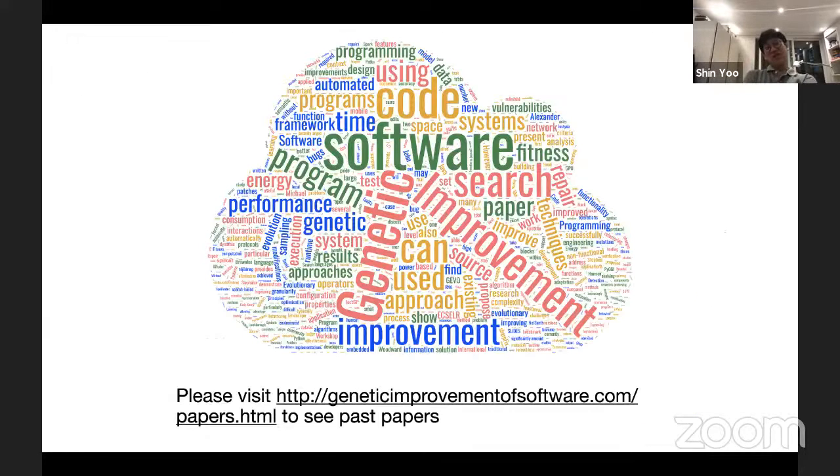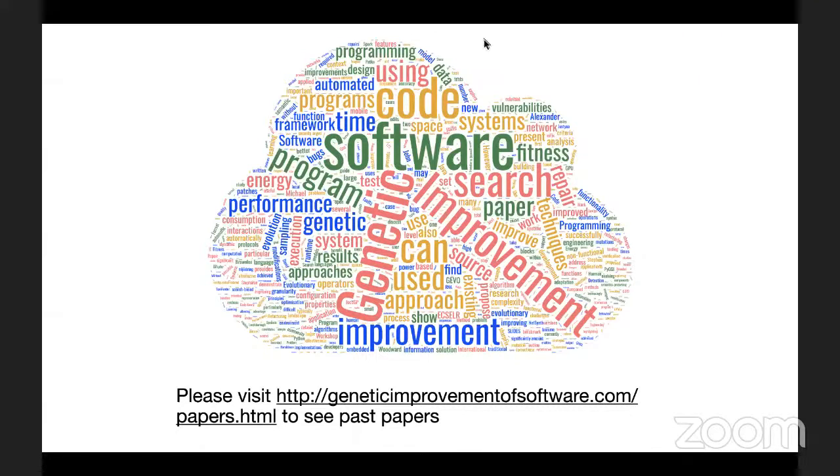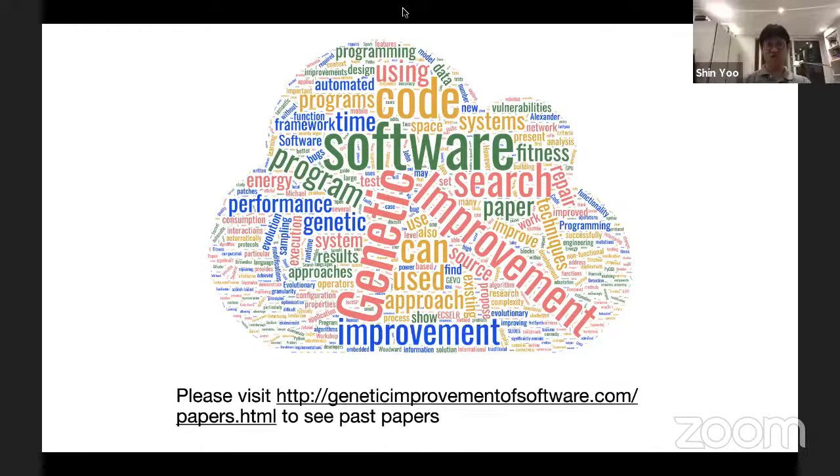If you look at the papers published at the GI workshop, I was trying to find a few highlights, but then I realized I would probably bias the selection with my own taste, let's say. So instead, I collected abstracts from all the GI workshop papers and then produced this word cloud.